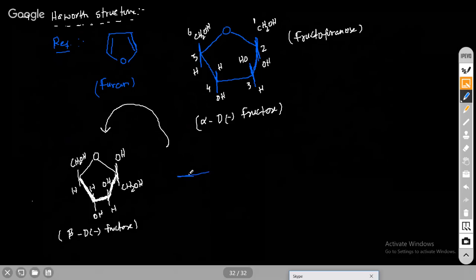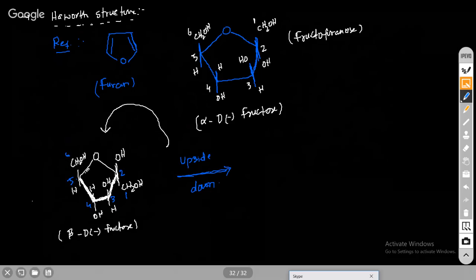Now, one thing we should also observe here is when we turn this molecule upside down, we are rotating it, a 180-degree flip. Let me write this down. This is first carbon, second carbon, third, fourth, fifth, and sixth.